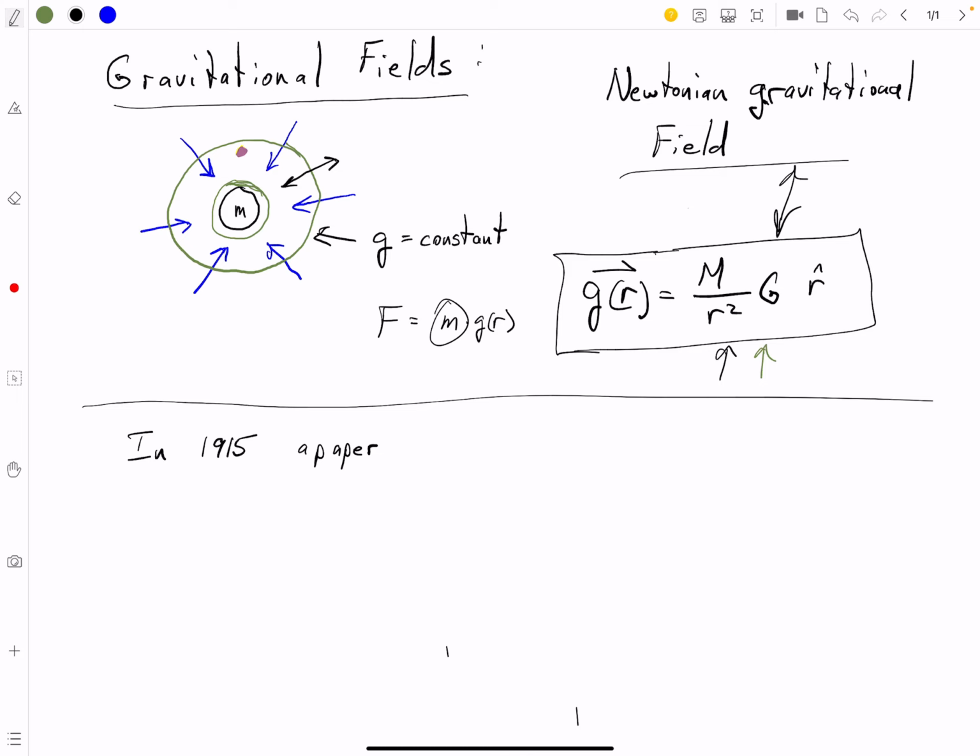A paper came out on non-linear field equations. And I bet you guys know who did this paper. It was Einstein. Good job. So, he came out with a paper.